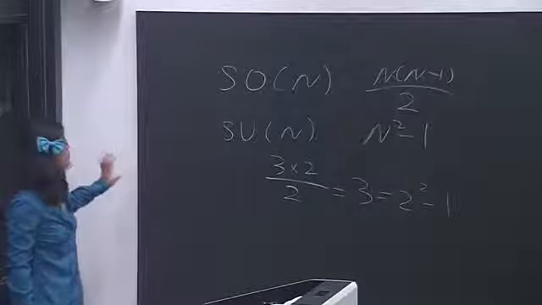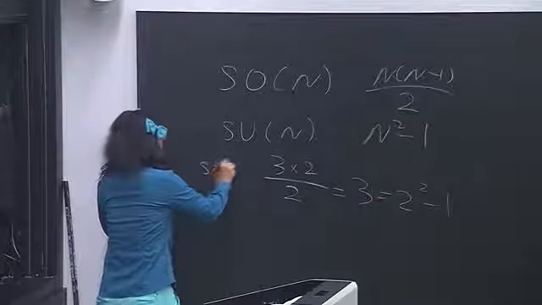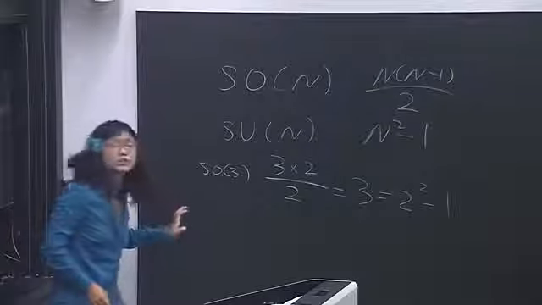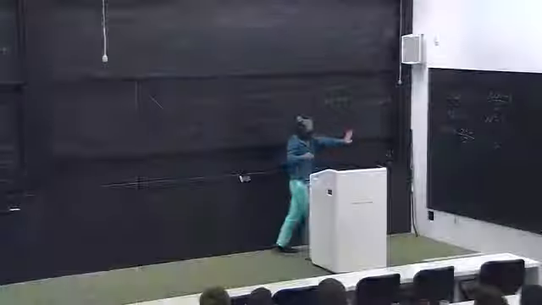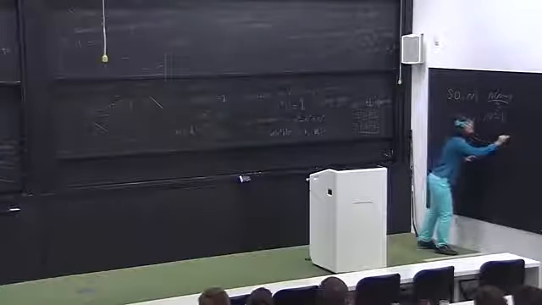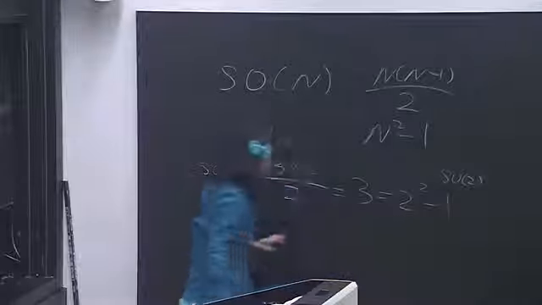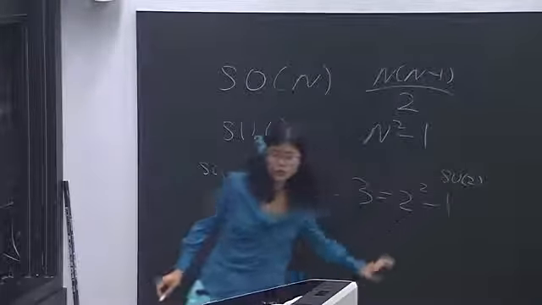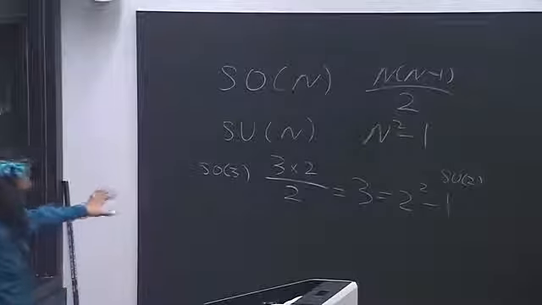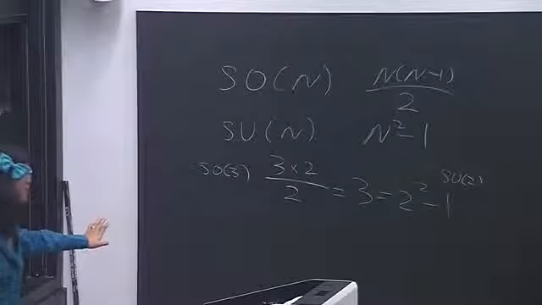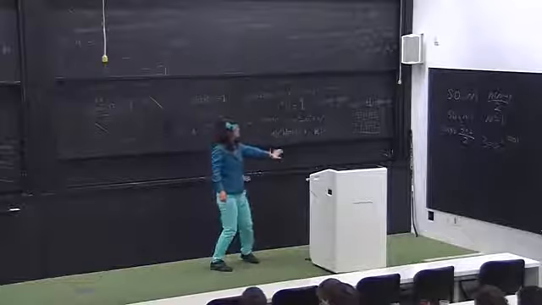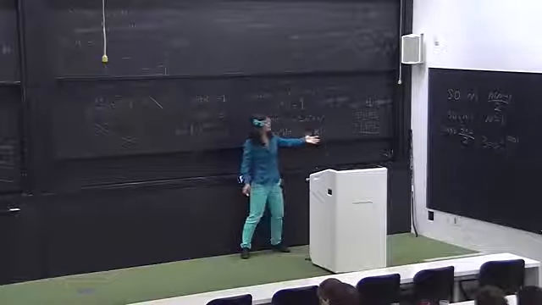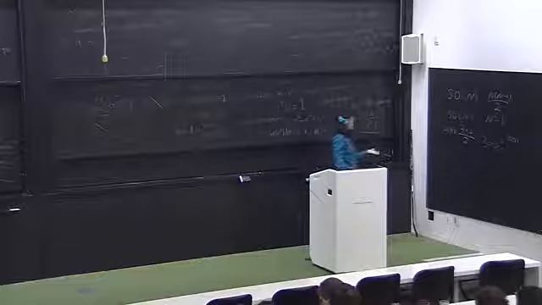So the number of parameters describing SO3, which is the 3-dimensional rotational group that is close to identity, just divide the reflection out, is somehow curiously the same as the special unitary group with 2 by 2 unitary matrices. This curious fact you will find out in the Friday's tutorial, that you can actually construct maps that, to say, one of them is the double cover of the other one, hence they have the same number of real parameters.